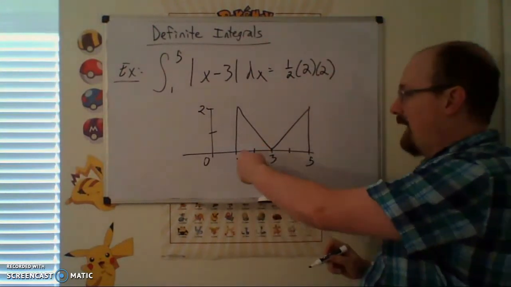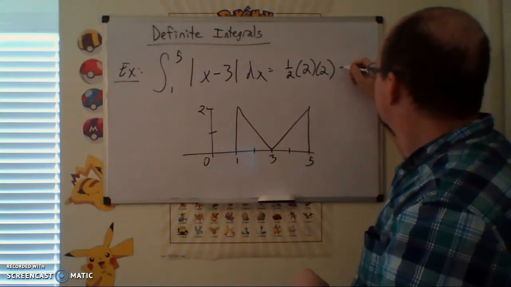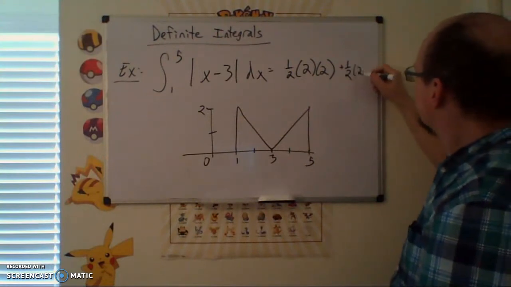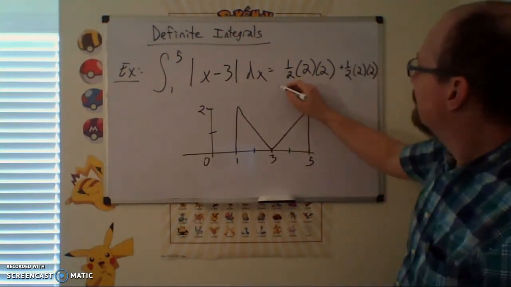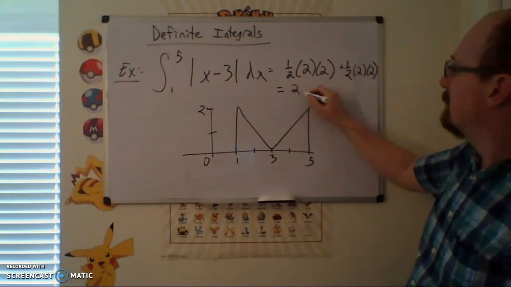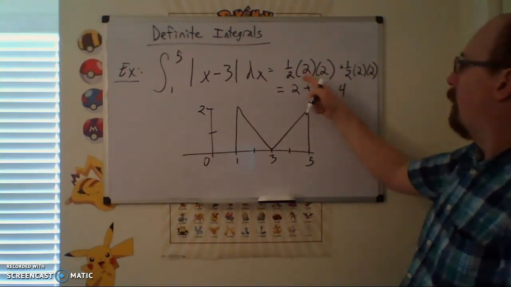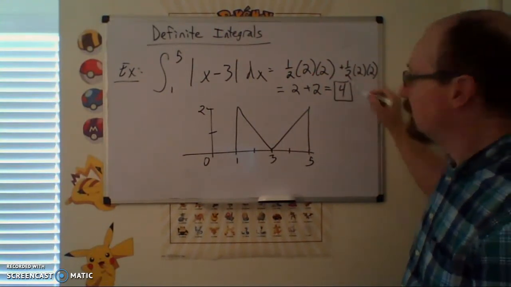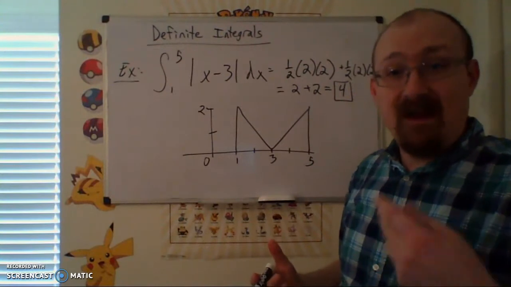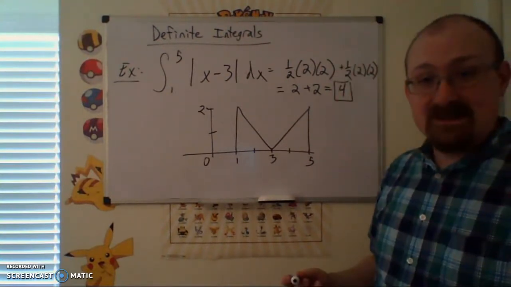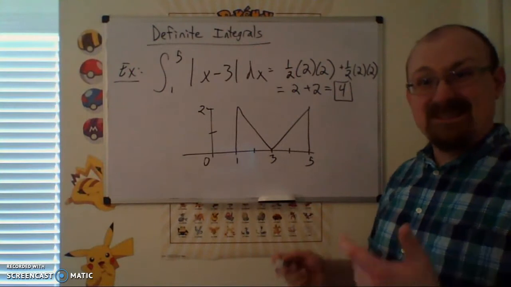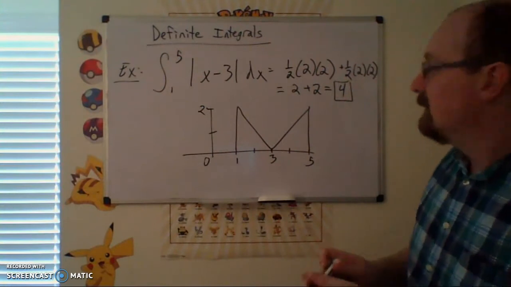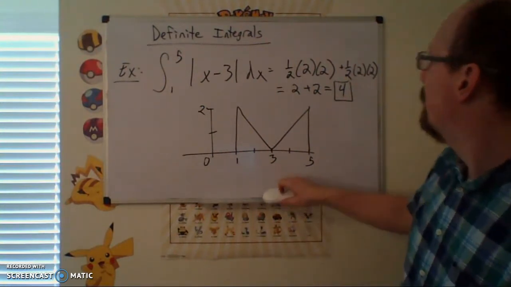So this first triangle, 1/2 base times height. Second triangle, 1/2 base times height, same thing. I work out the arithmetic there. 1/2 times 2 times 2 gives me 2. Another copy of 2. 2 plus 2. Hopefully you're not going to argue with me that 2 plus 2 is in fact 4. So that's one example of this in action, interpreting this definite integral using areas of shapes we already know how to calculate areas for. So that's one down. Got a couple to go.